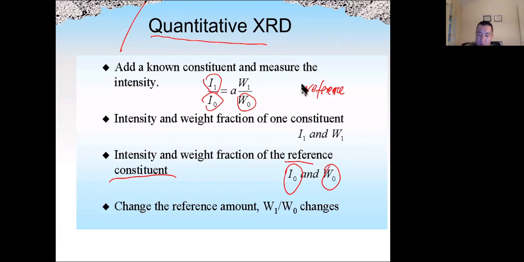What we want to know is the weight percentage for the unknown material. If we change the reference amount, so we can accurately control how much reference material we use, we change W0, then the ratio of W1 to W0 will also change.